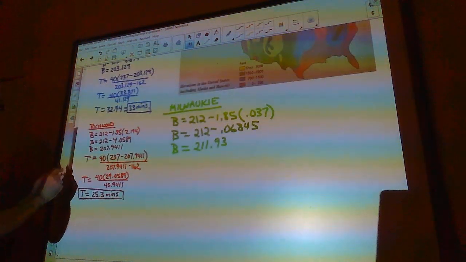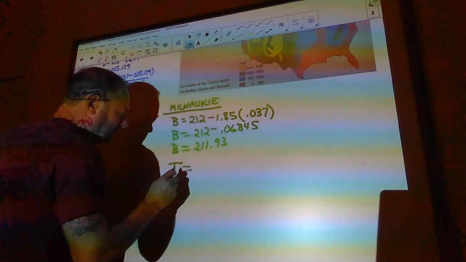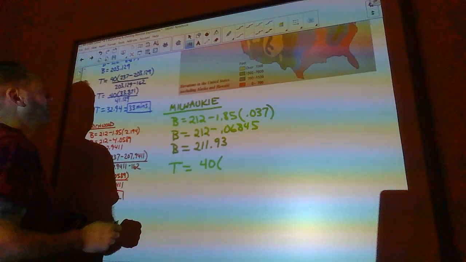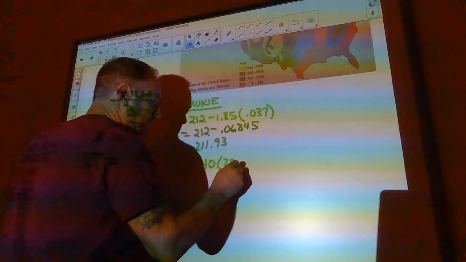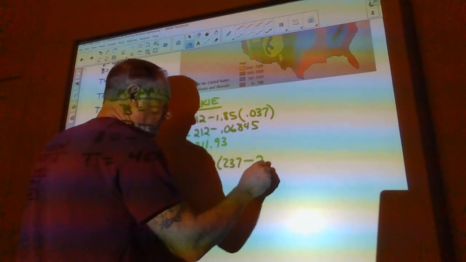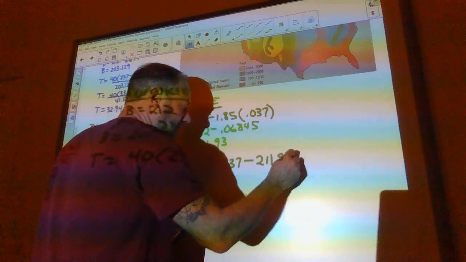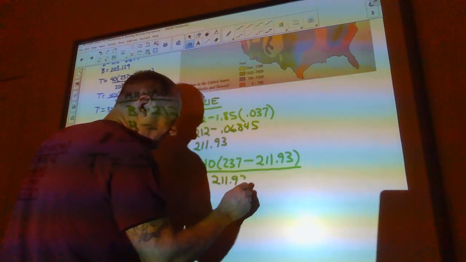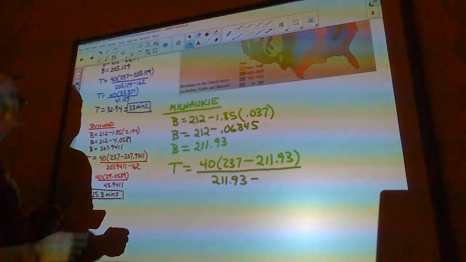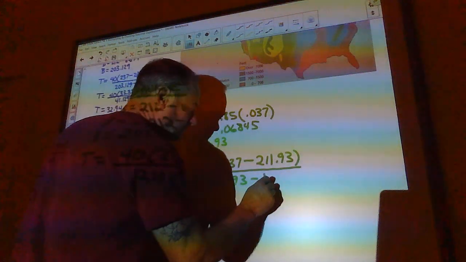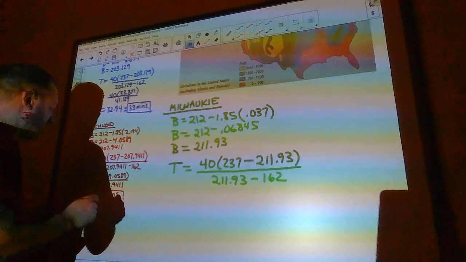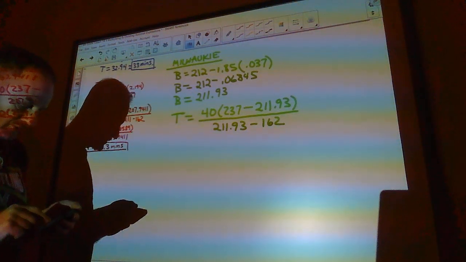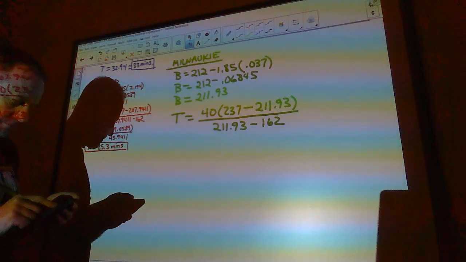Now we've got to calculate T. T is going to equal 40 times (237 minus 211.93) all over (211.93 minus 162). Okay, 237 minus 211.93.